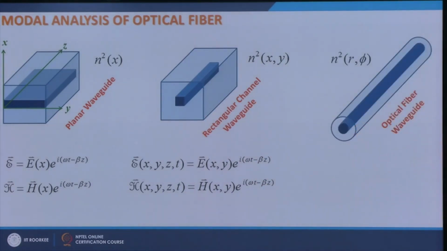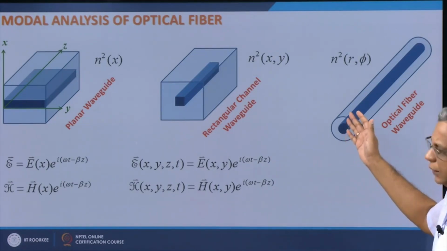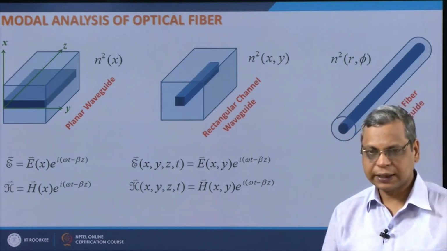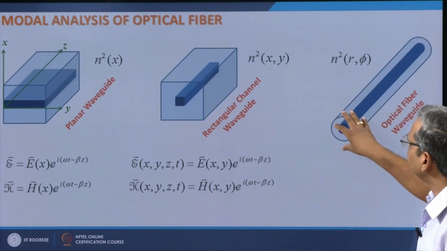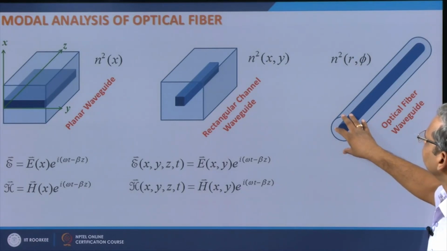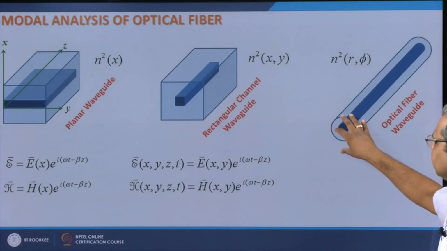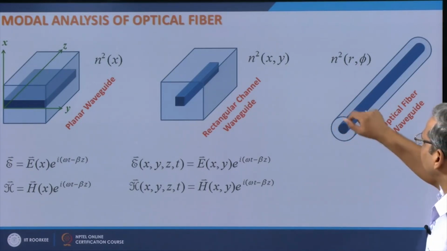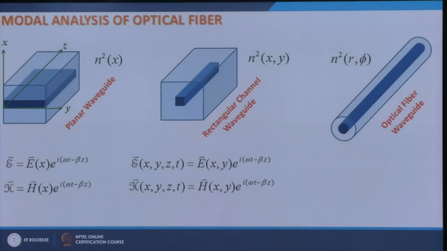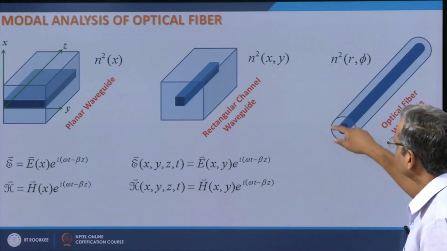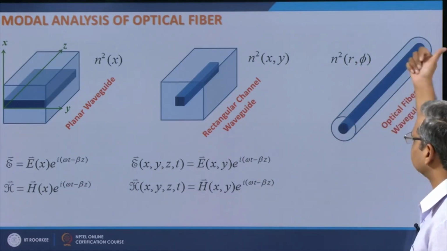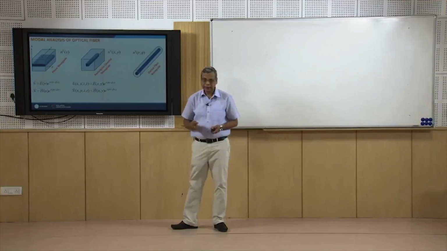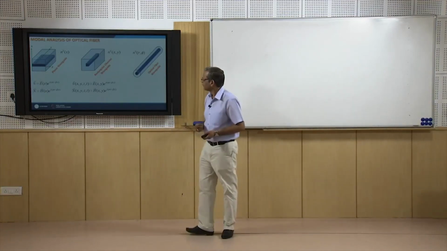If now I convert this into a cylindrical geometry, then it becomes an optical fiber waveguide. I can represent the refractive index profile in x and y, n square x and y, but because of cylindrical geometry it is much easier to analyze the structure if I represent this refractive index profile in cylindrical coordinates. So, r phi are the transverse coordinates and z is the longitudinal along which the light is propagating.